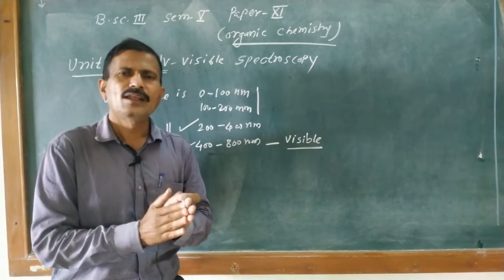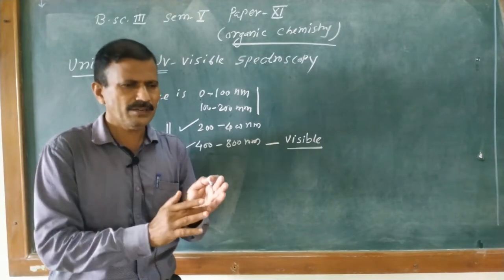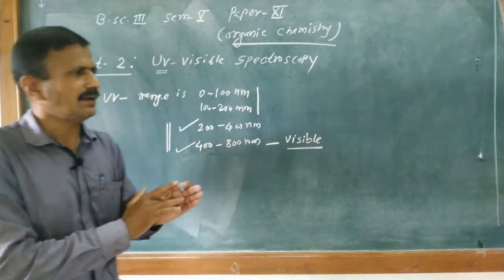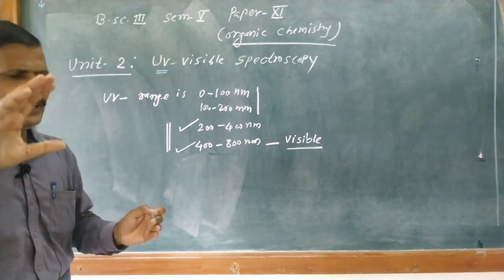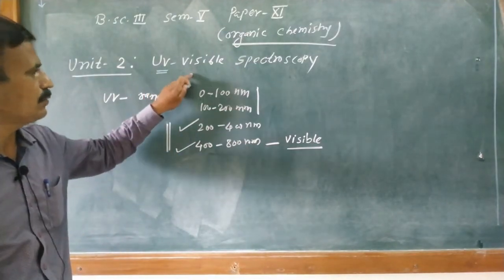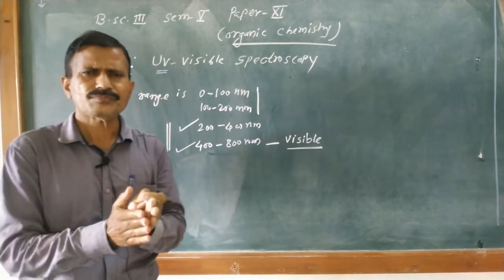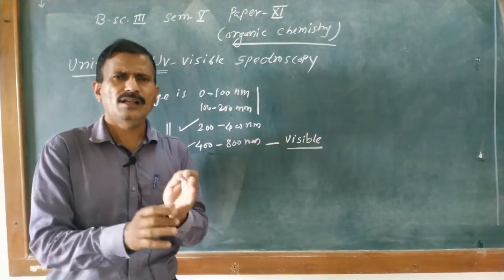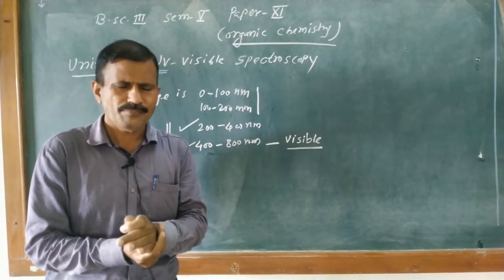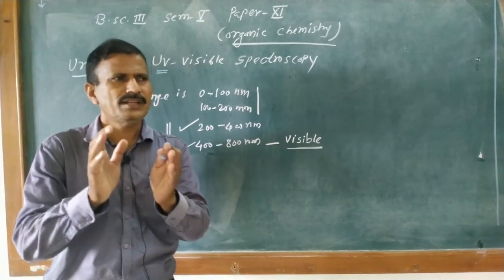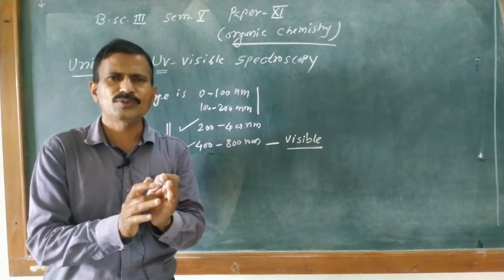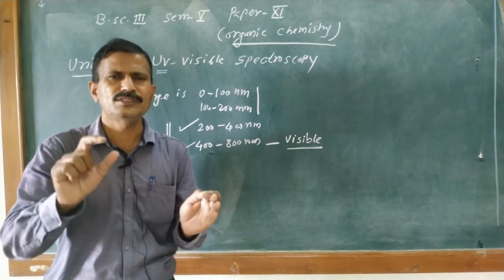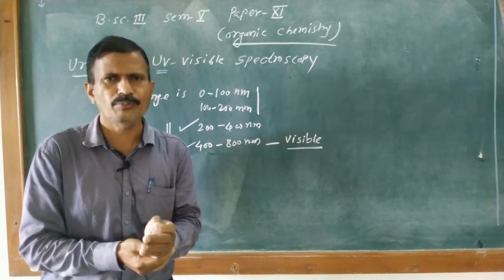We will deal with this chapter in a series of subunits. In UV visible spectroscopy, we will discuss first Beer-Lambert's law. After that, we will discuss various terms that come across in this spectroscopy, that is terms used in UV visible spectroscopy.